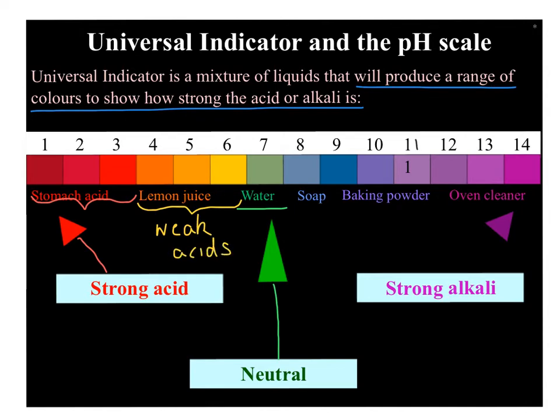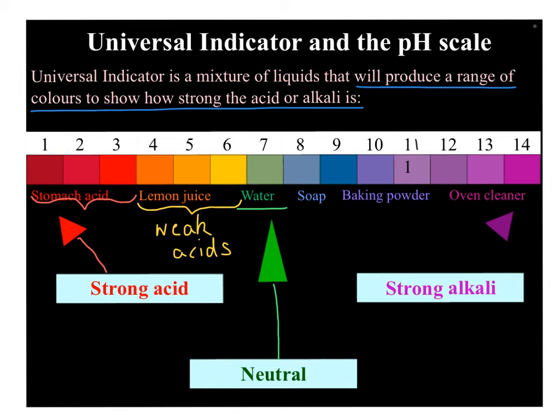This would be like lemon juice or orange juice or vinegar. So pH 1 is the absolute strongest acid, getting progressively weaker until pH 6. So any number below pH 7 is an acidic sample. Now, when we get greater than 7, we are at the alkaline end of the pH scale.